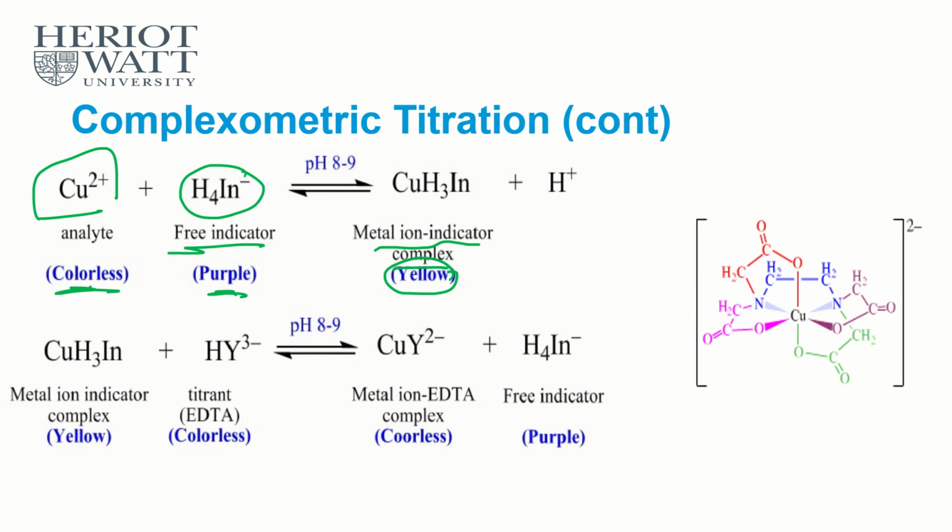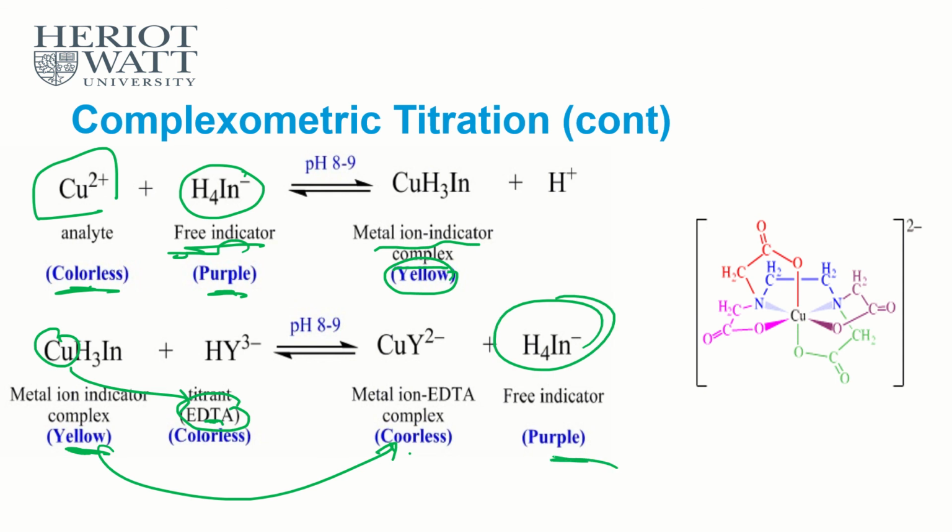Okay, so now we mix the copper solution with this free indicator, then it will turn into a yellow solution. And this yellow solution is going to further react with the EDTA, the example that I gave you just now, the ligand. And this ligand will grab the copper away. So when they grab it away, the yellow color will change into colorless and you free up the purple indicator.